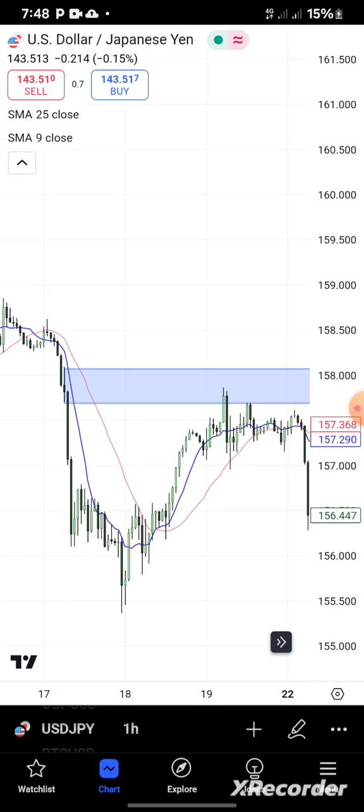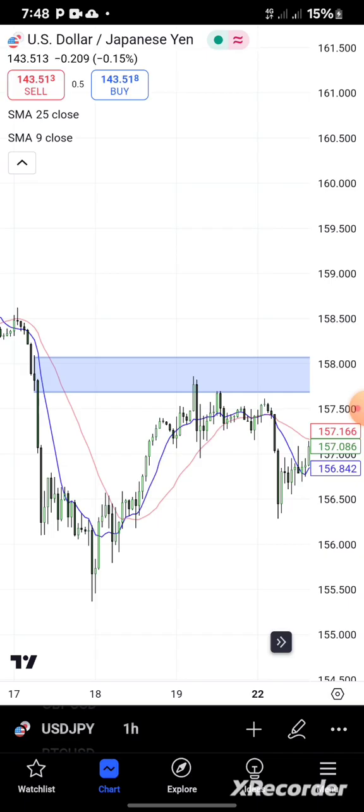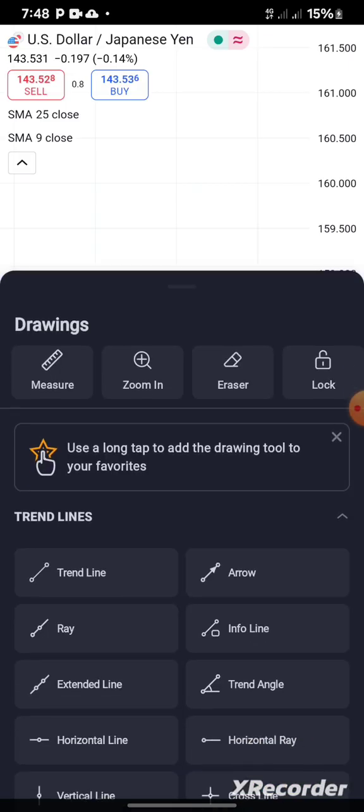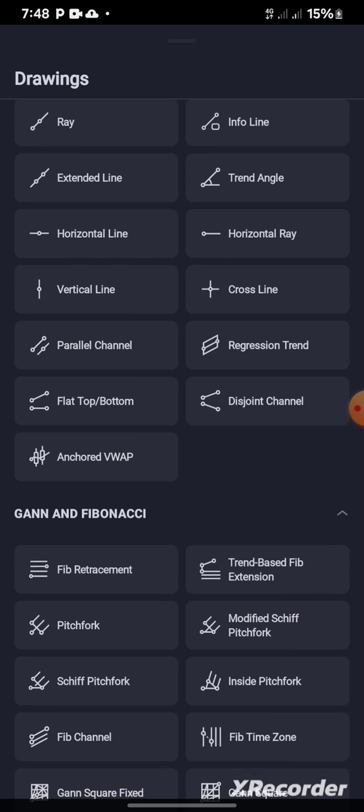Now how do you trade these supply zones?